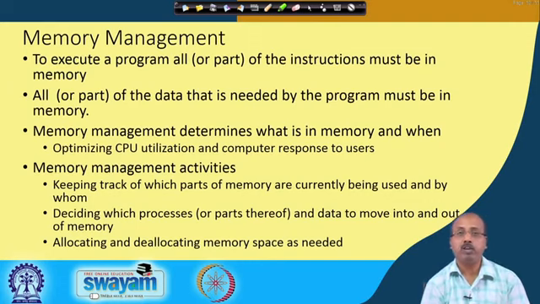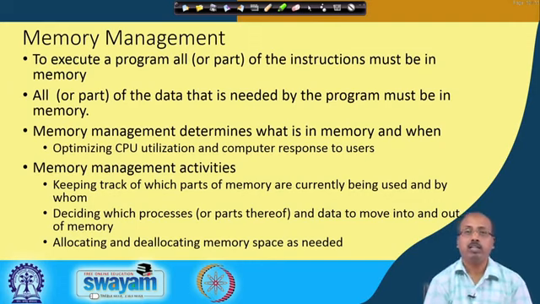If a program is not executing now, it is not mandatory that the corresponding program and data variables be loaded into the memory. So, the memory manager may decide, no, I will not put this part in the memory now, I will use this space for loading the data and program of some other program which is currently being executed. That way, memory management decides what should be in the memory and when.